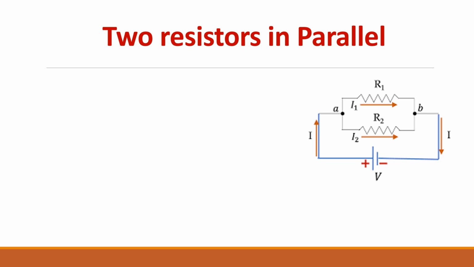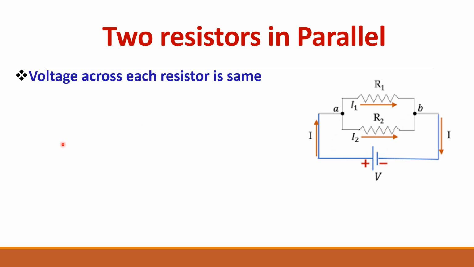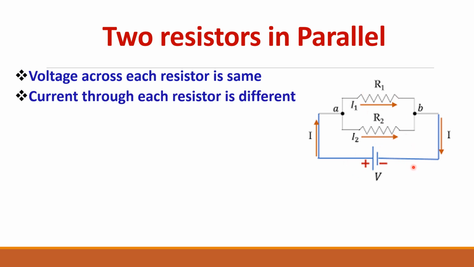When two resistors are connected in parallel, what will be the equivalent resistance? You can see here the voltage across each one is the same, and the total current I is coming here, but you have two paths for the current to flow, so it gets divided.